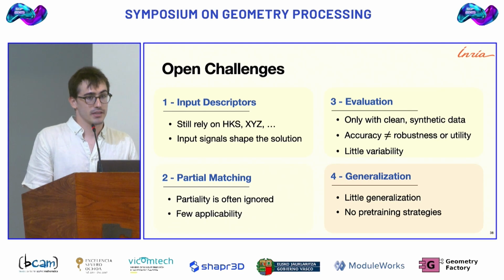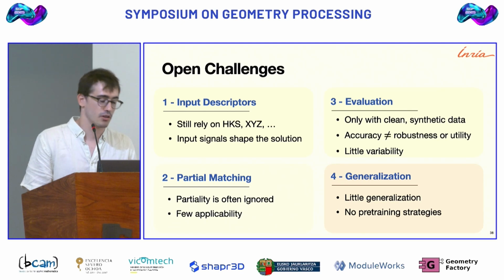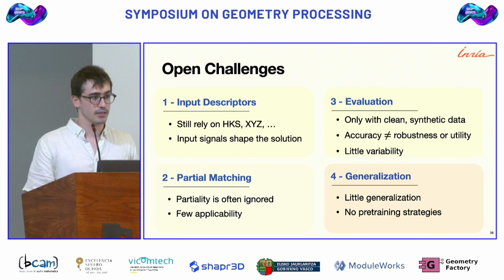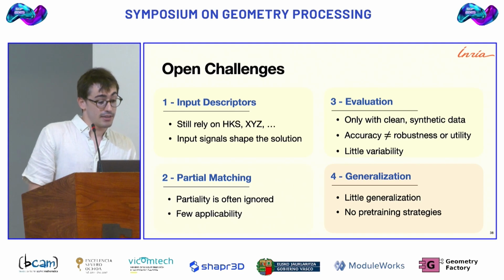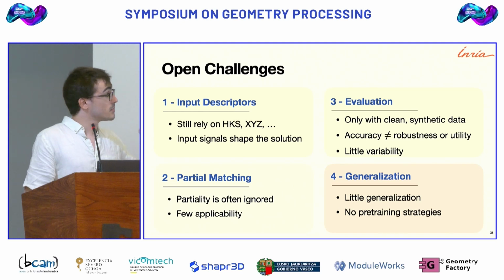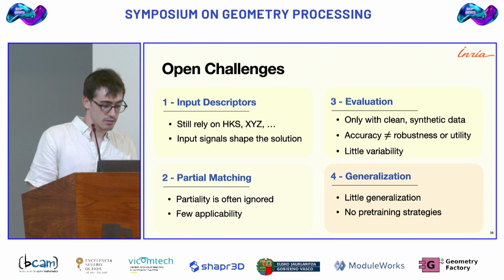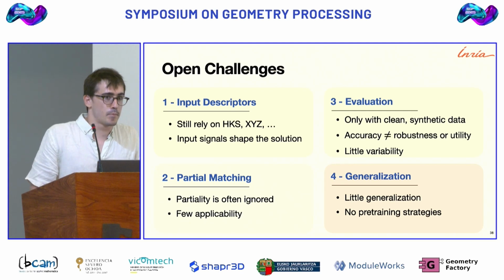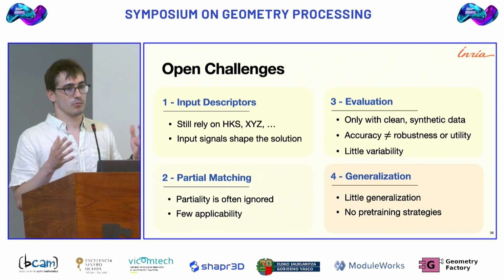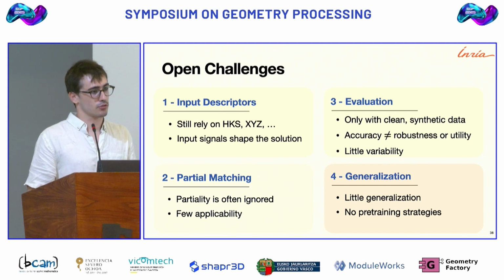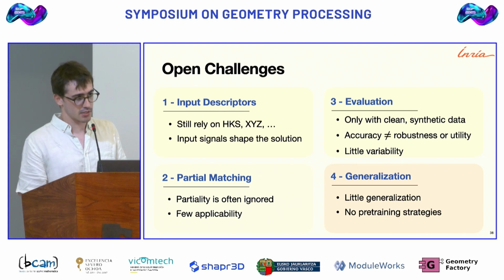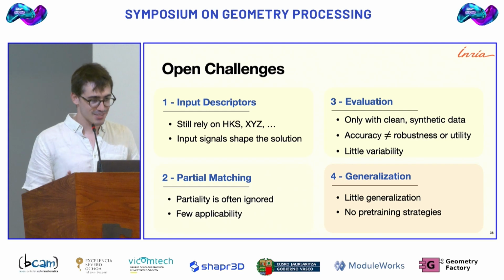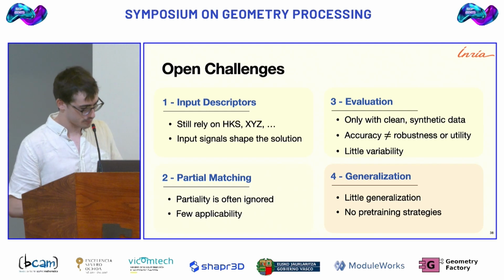If you take XYZ, you have to be careful: if my shape is translated, rotated, or scaled, everything is going to change. If you take descriptors, like the heat kernel signature for instance, this is independent from translation and rotation, but you have an issue: if you have a symmetric shape, the input is going to be symmetric. Hopefully the network will be able to distinguish between the two, but that's not always what's happening.